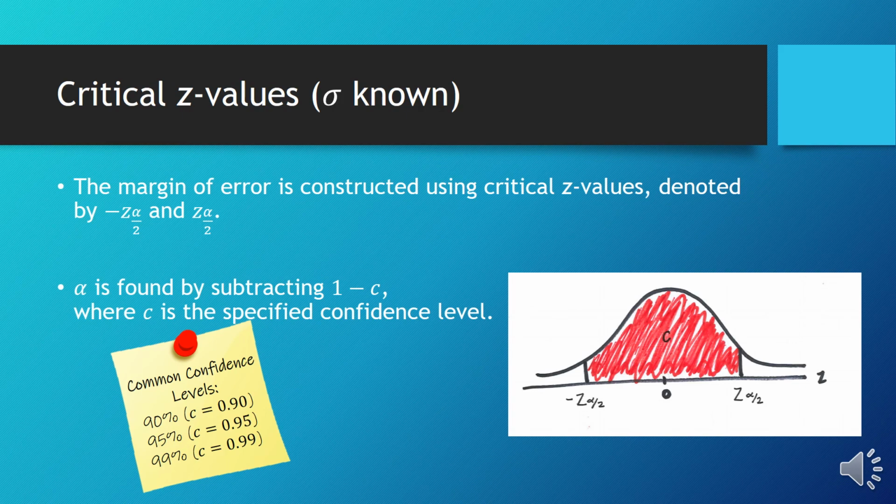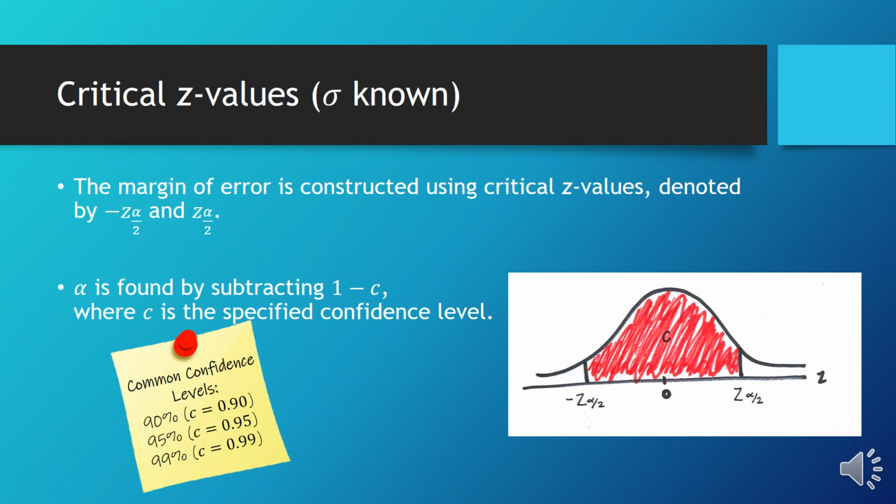You can see I've drawn a line on either side, and the area under the curve represents the specified confidence level. So here, the area under the curve would just represent c. So it could be like 0.90 if it was a 90% confidence interval, or 0.99 if it was a 99% confidence interval. And then your critical z values are going to be located at the endpoints of that specified confidence level.